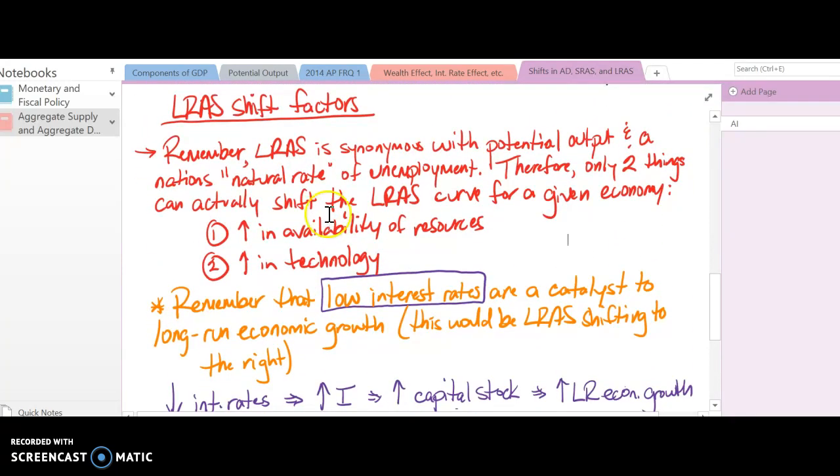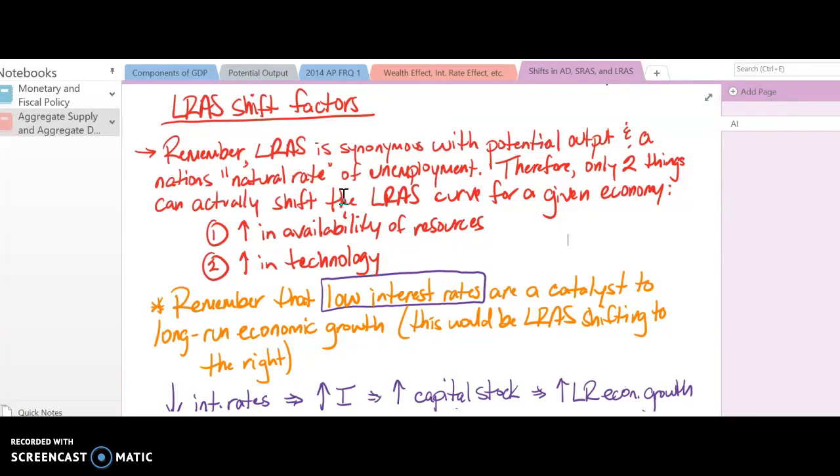Keep in mind that the LRAS curve essentially represents potential output for an economy. Think of that as being synonymous with what we talked about with our PPC curve, with that PPC line also representing potential output.